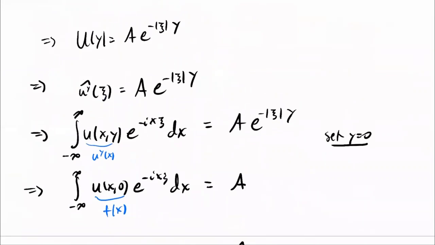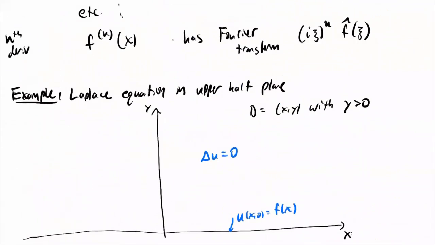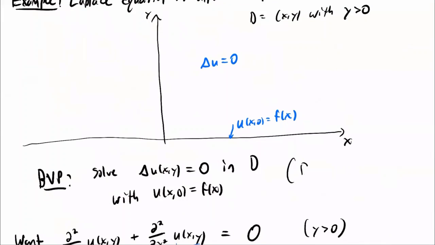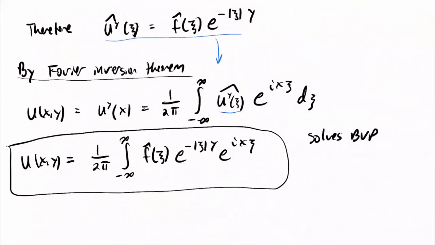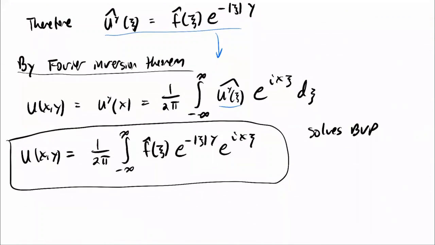So I guess technically this is the Dirichlet boundary value problem, because we're not specifying information about the derivative on the boundary. We're just saying it's equal to some given function on the boundary, right? And so what this analysis shows is how you can use the Fourier transform to solve this boundary value problem.